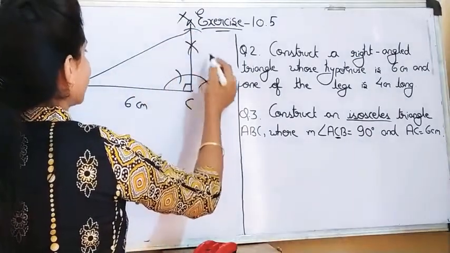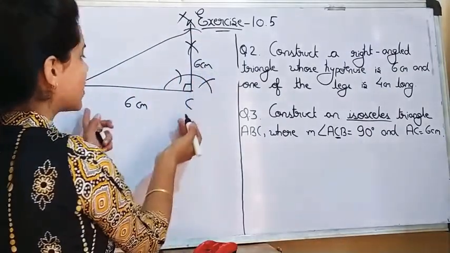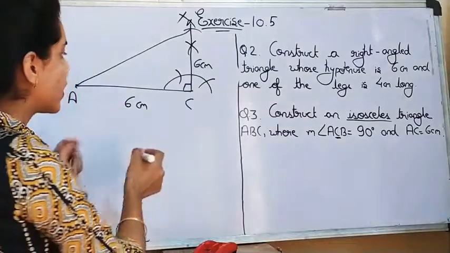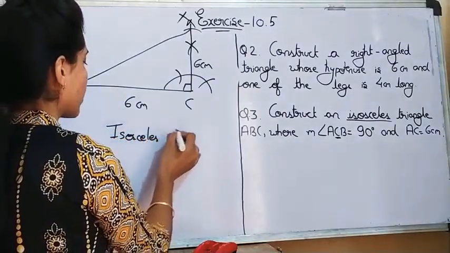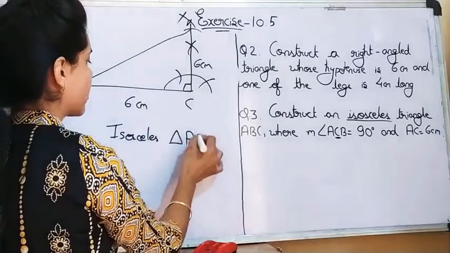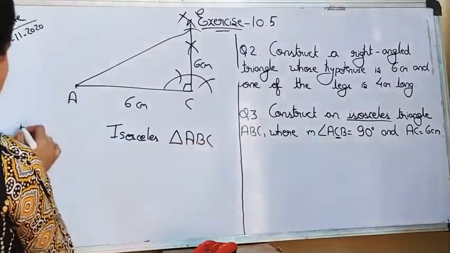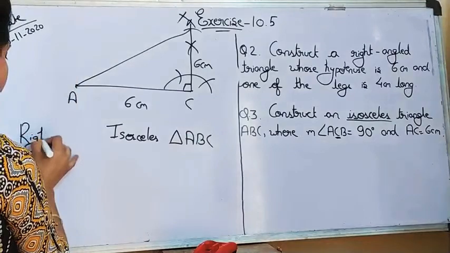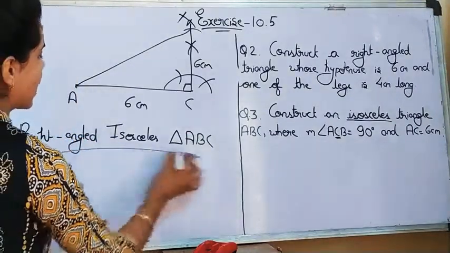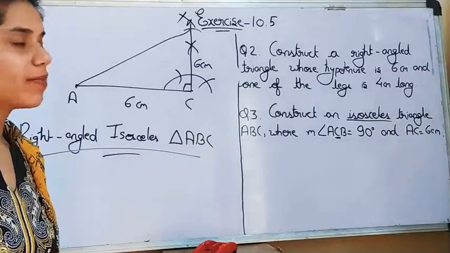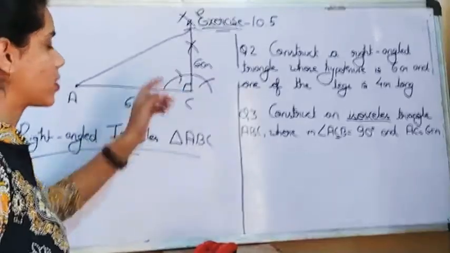Now if we join this, this will be 6 centimeter and this will be 6 centimeter. So it will become the right angled isosceles triangle ABC.